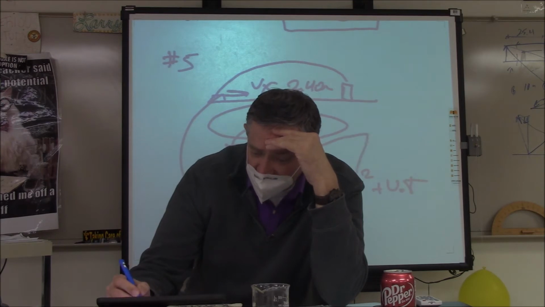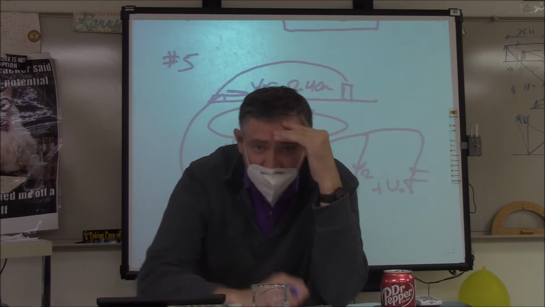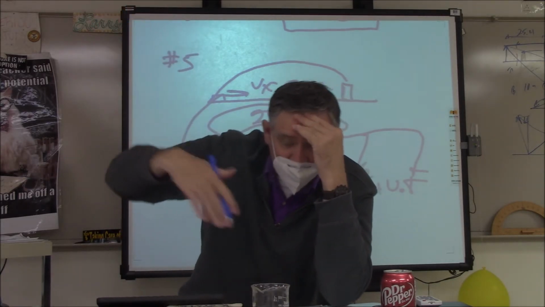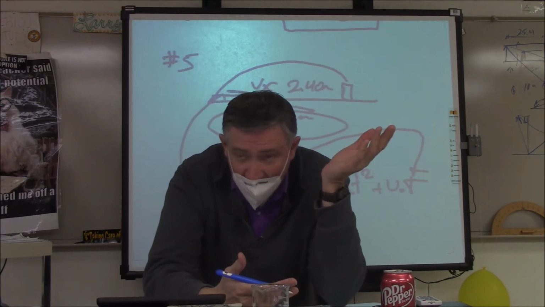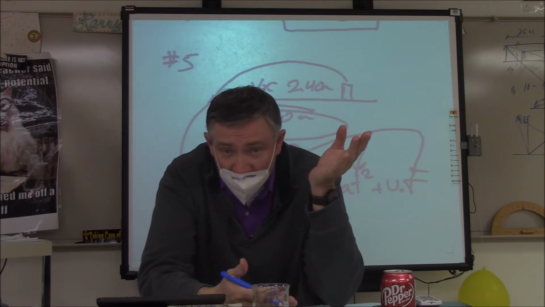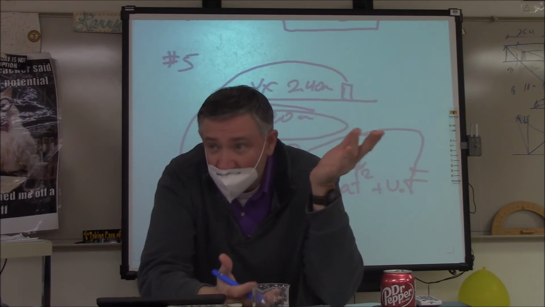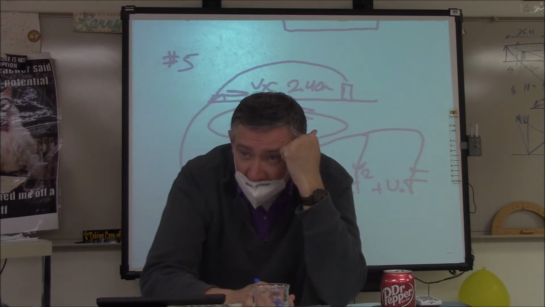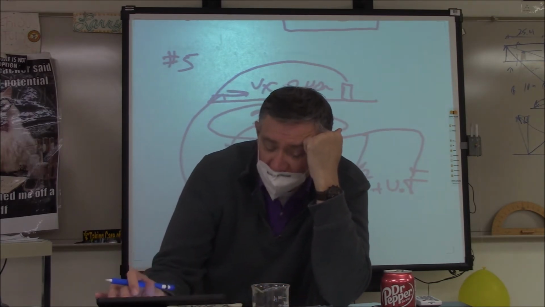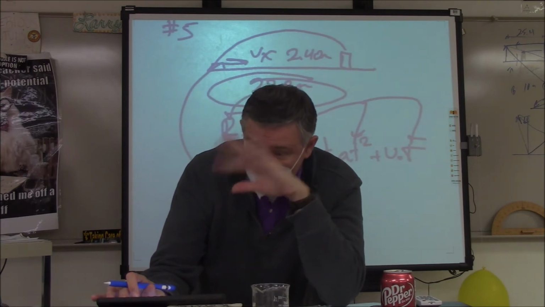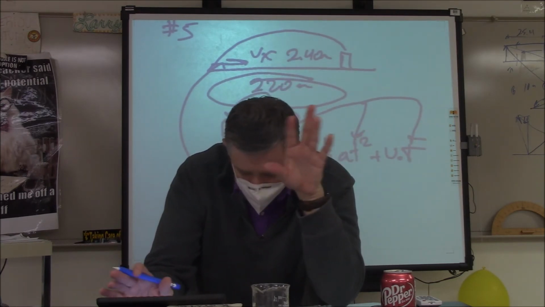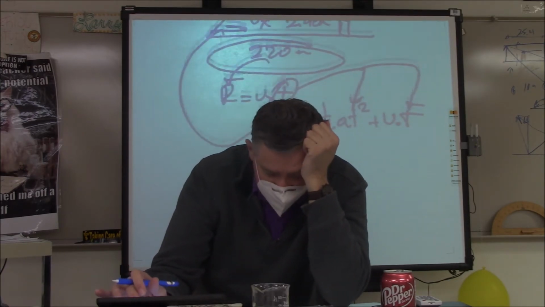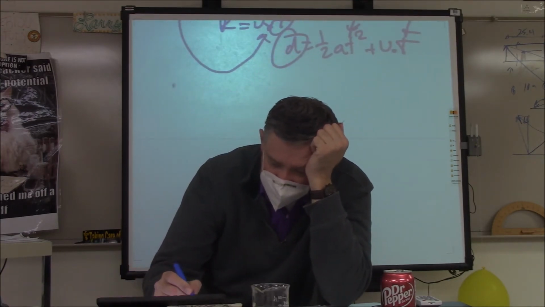Beautiful. So take that, put it in here, take that, put that in there. Then you're going to see how high it is at that point. And if your answer is above 2.4 meters, which it should be, then it clears the wall. If it doesn't, hey, you didn't. Okay? So what you should see on number 5 is that he does clear the wall by about 2 meters. Now, let's talk about number 6.